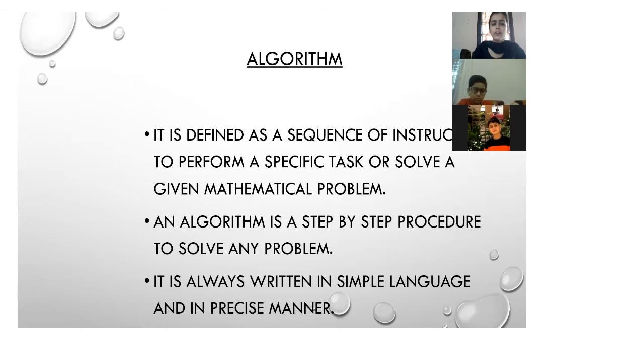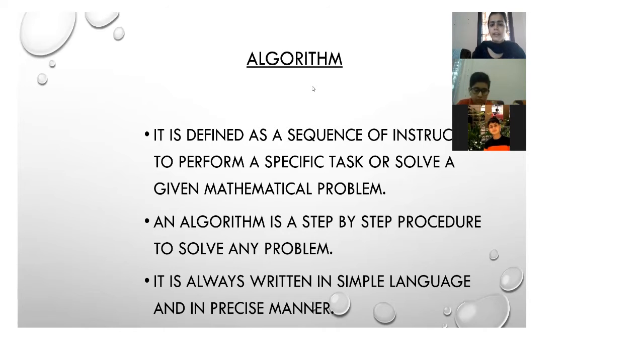We have to write it step by step, so that it is clear which step will come first. While writing an algorithm, it should always be written in a simple language, very easy language and in a precise manner, in short form. Not too lengthy steps, just to the point.